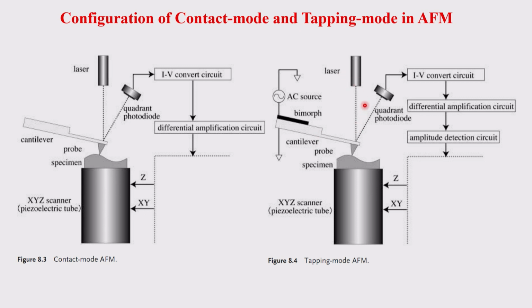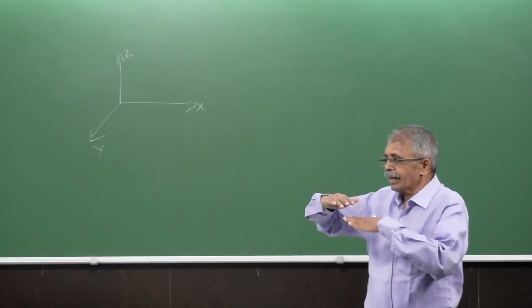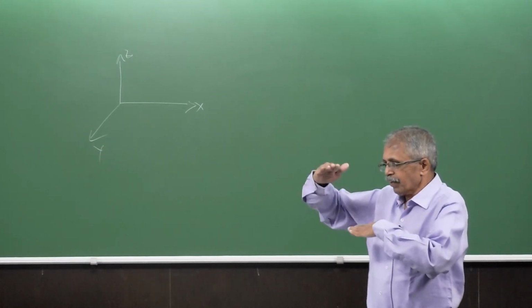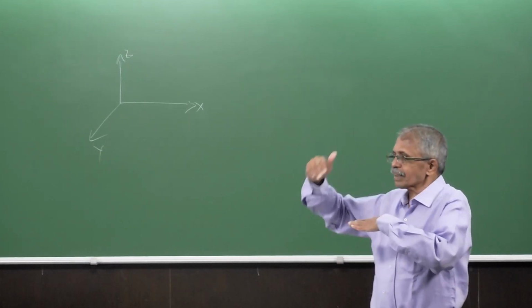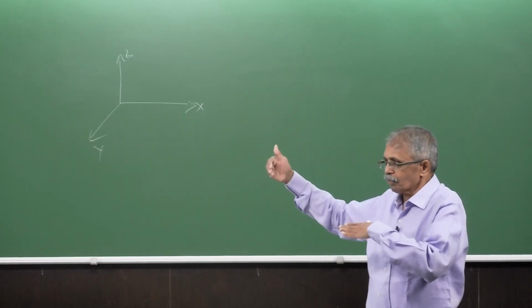The remaining aspects are the same, the IV, the differential amplification, the amplitude, everything. The only thing is you have a loop here which gives the feedback, and either you can move the deflections or you can compensate the deflections by the circuit, and then see how much you have compensated.